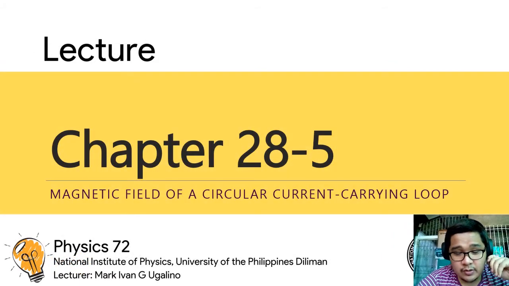So what we do is to evaluate the magnetic field due to a circular current loop. The previous lecture was on the application of the Biot-Savart law in obtaining the magnetic field due to a straight line wire, a current carrying wire that is just a straight line.